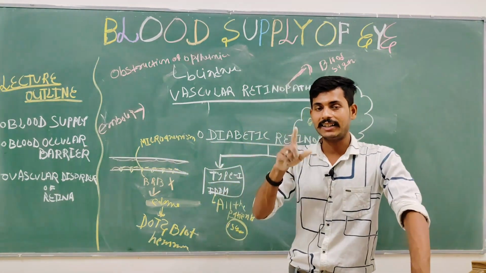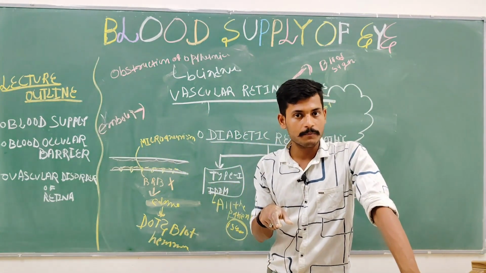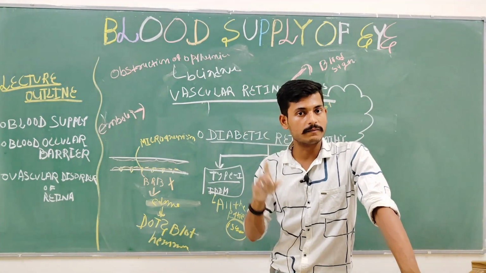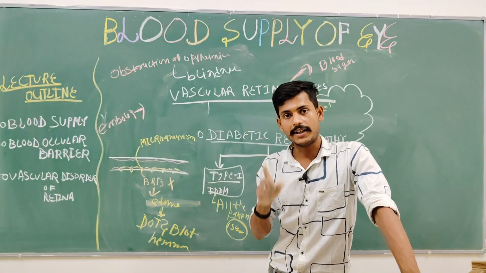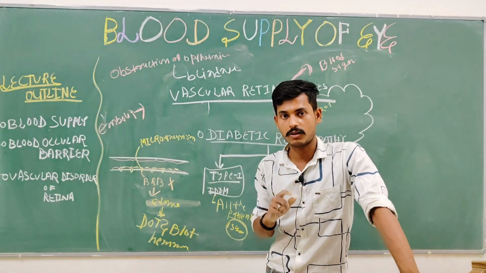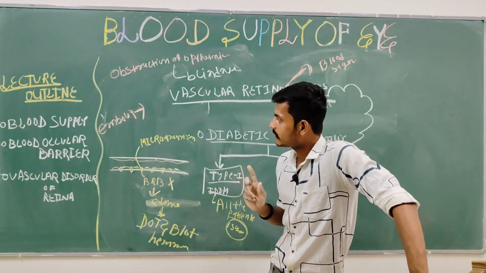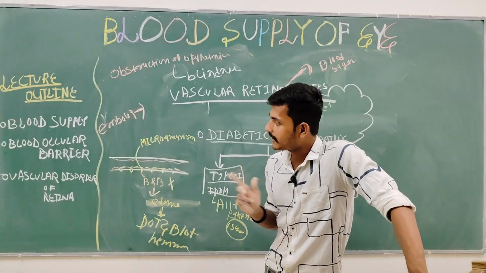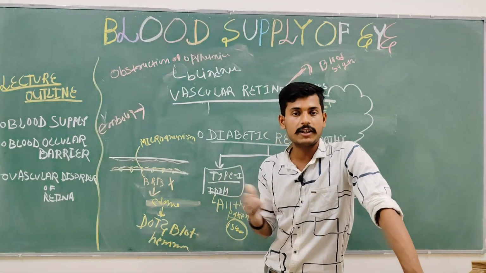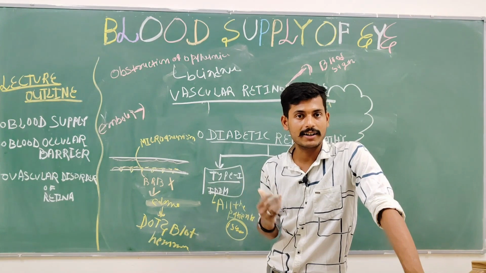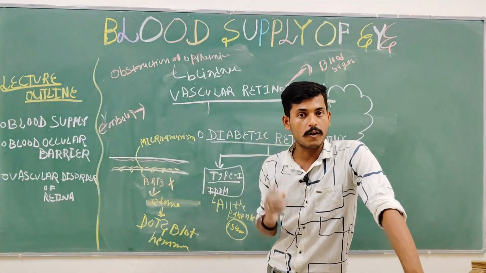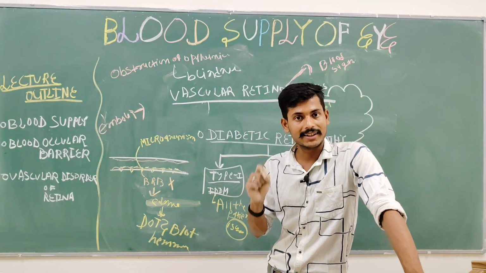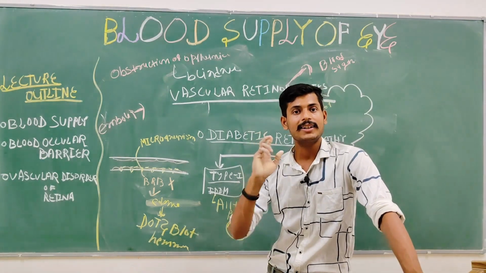And we saw that in diabetic retinopathy there is a rupture, or breakdown, of the blood retinal barrier. That's one of the hallmarks of diabetic retinopathy. Then we saw the different kinds of retinopathies, and we defined that vascular retinopathies are a group of diseases which affect the retinal vessels.